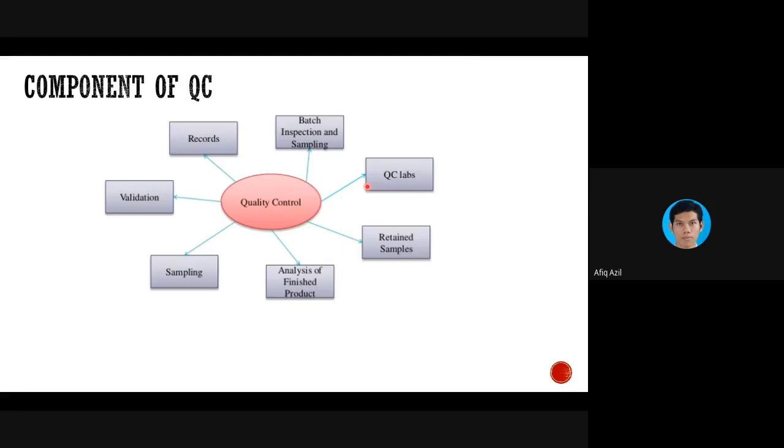They will do some standard testing of samples and see whether they get the acceptable result or not. Then retain samples, this one is under stability, the stability that I said earlier. Then finished product, this is the same. And then validation.